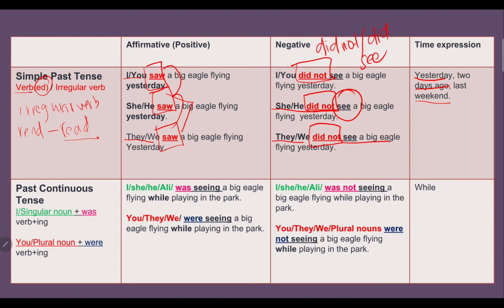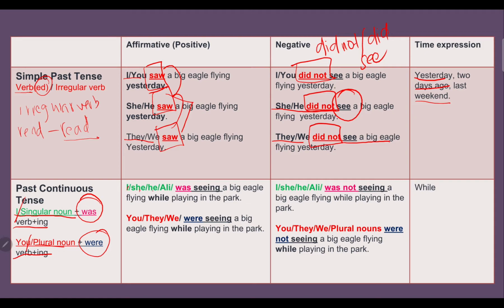So let's take a look at the rules. For subjects singular and I, we use was, and to the verb we add on ing. And for you and plural, we use were as the verb to be, and to the verb we also add on ing.